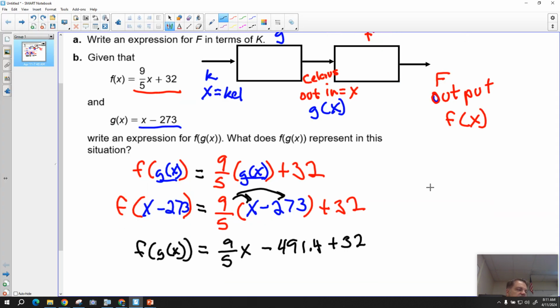So on my very next line, I'm going to say f of g of x equals 9/5 x minus 459.4. And that's it.